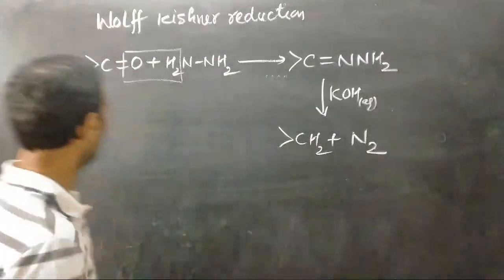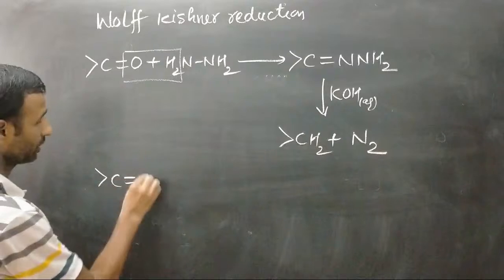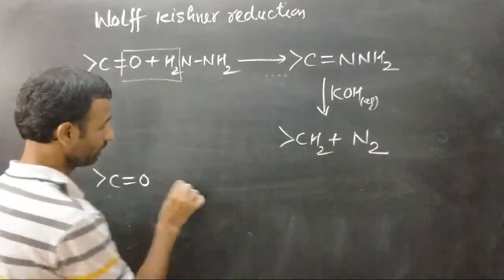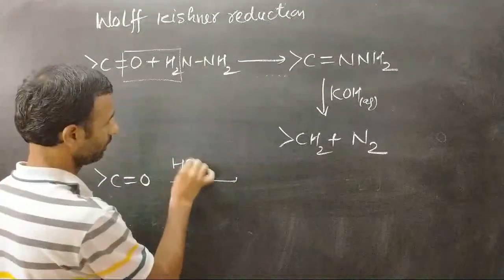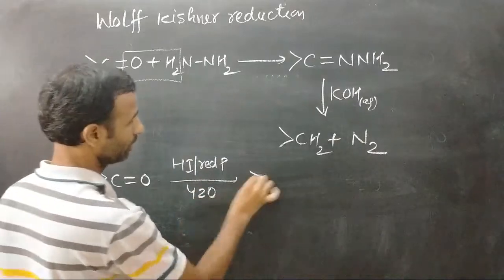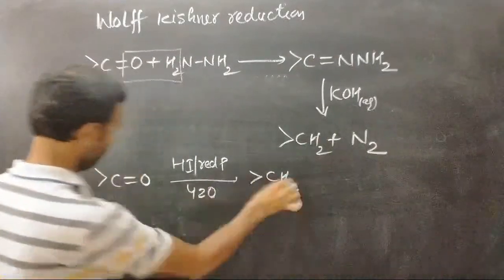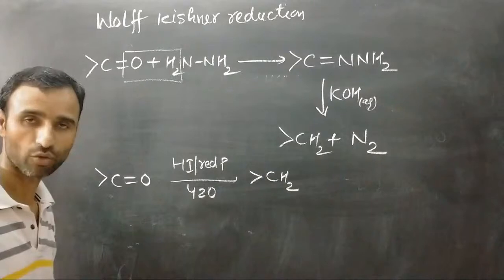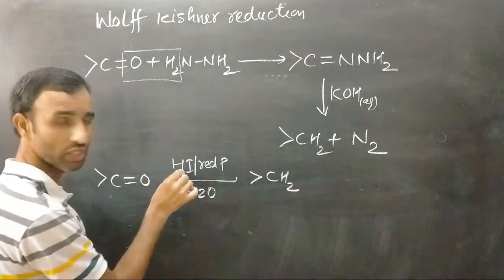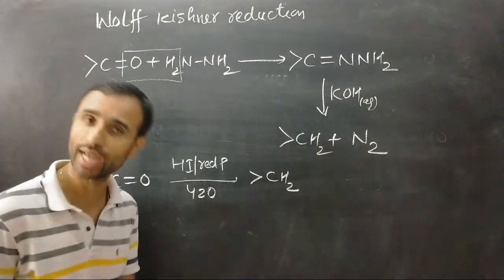Okay, and the third category is a carbonyl compound along with HI and red phosphorus at 420 Kelvin. Again we get a hydrocarbon. In this case, red phosphorus first reacts with HI to give phosphorus triiodide.